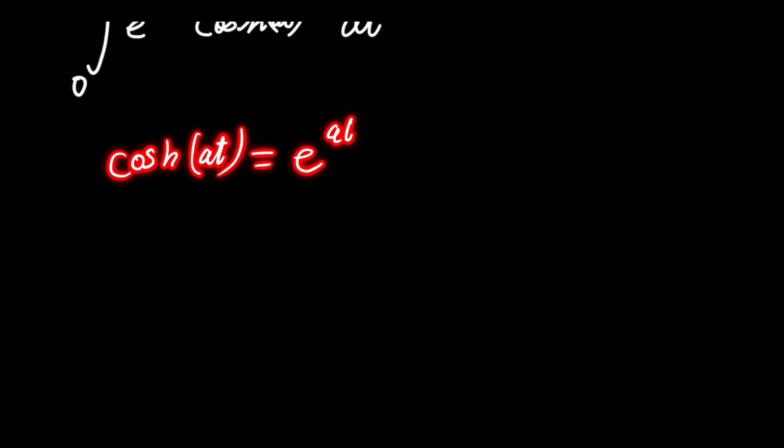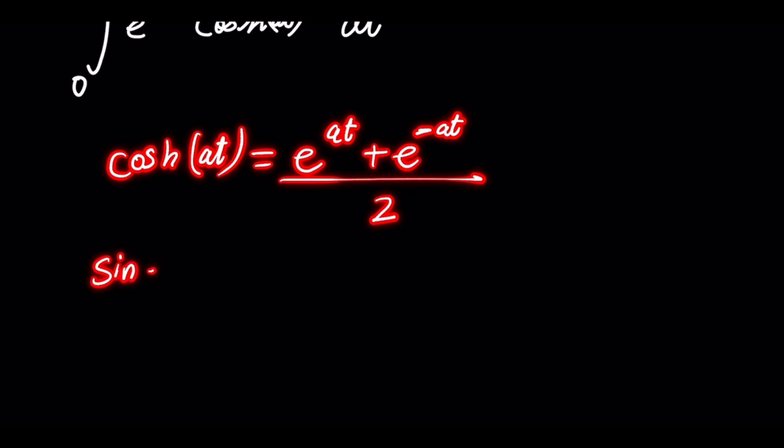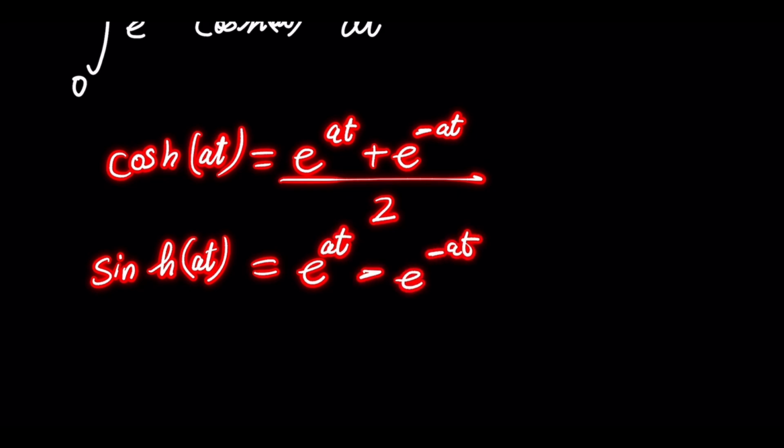Now we know the identities for the hyperbolic functions. The cos h of at is equal to e power at plus e power minus at divided by 2. And for the sine hyperbolic function, it was e power at minus e power minus at divided by 2.